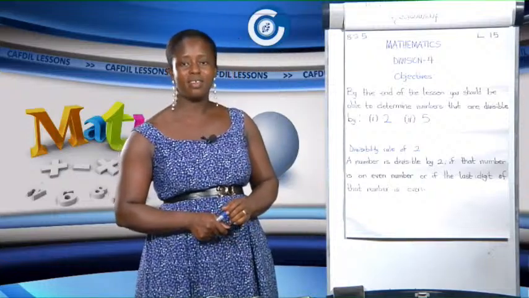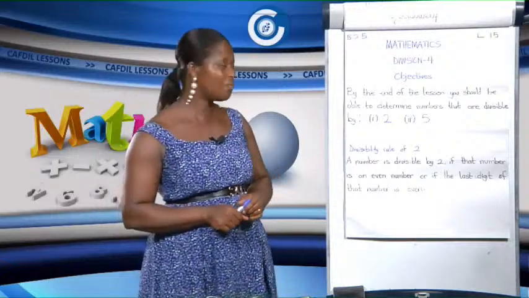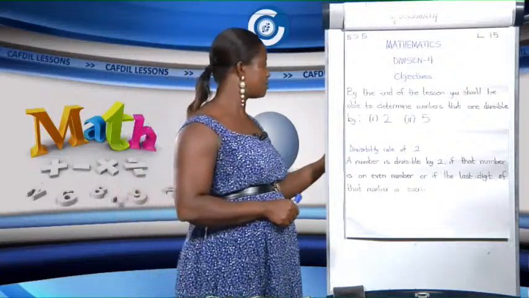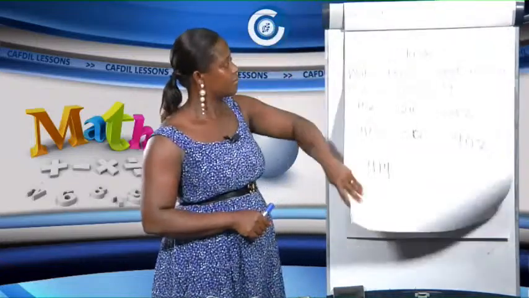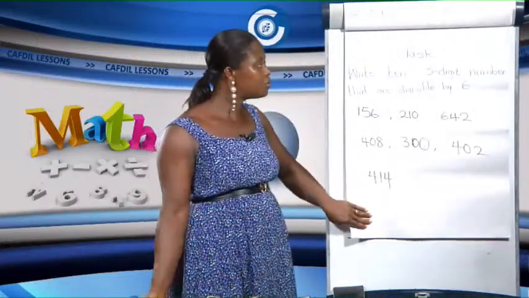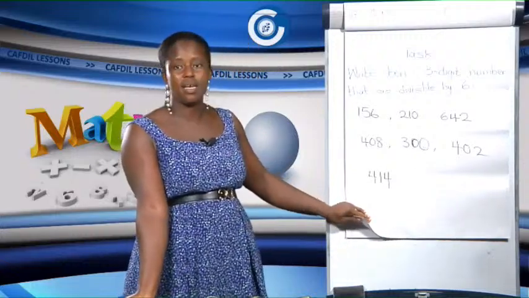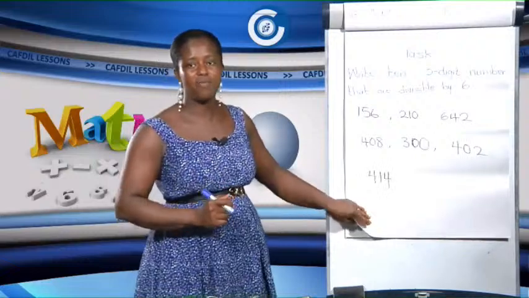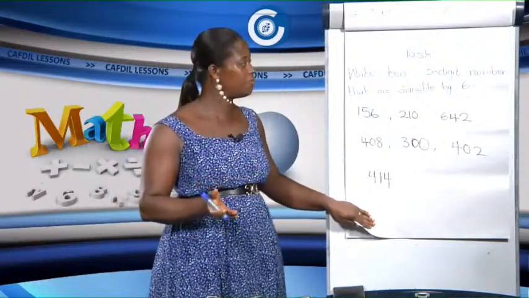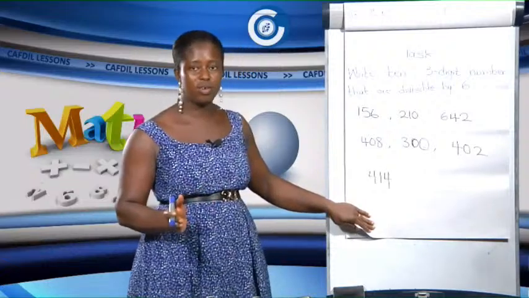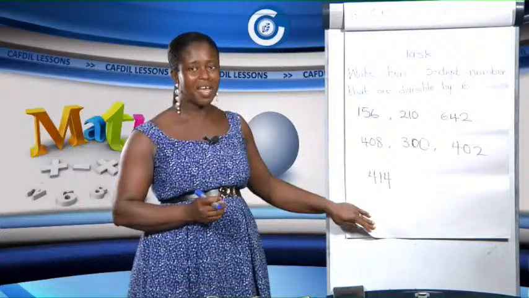Before we begin, let's look at the assignment or task for the previous lesson. You were asked to write 10 three-digit numbers that are divisible by 6. Yours will be different from mine, provided you followed the divisibility rule of 6, which I hope you did.